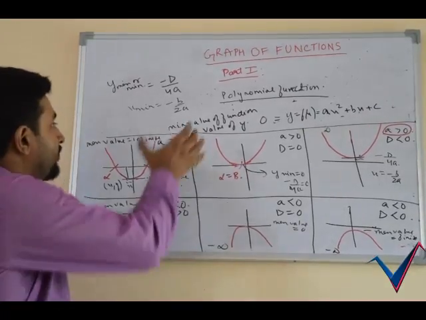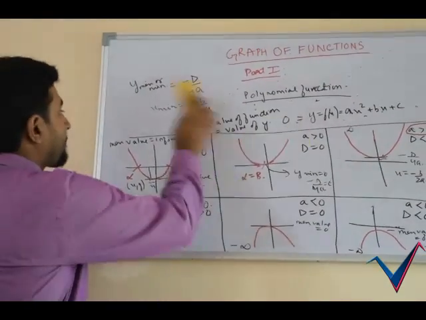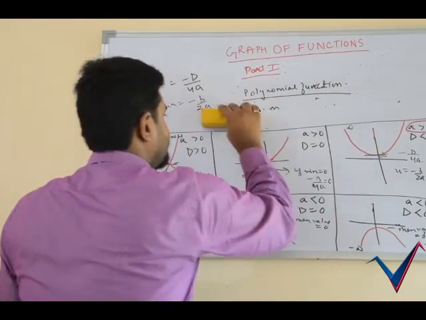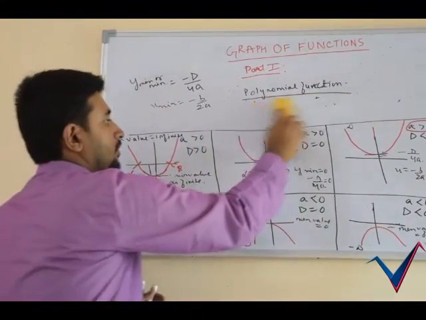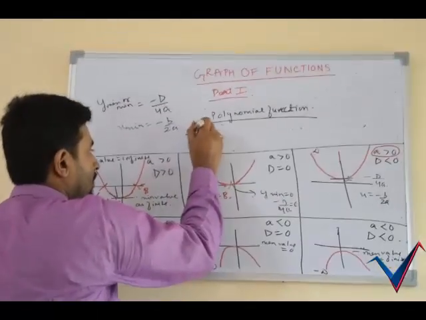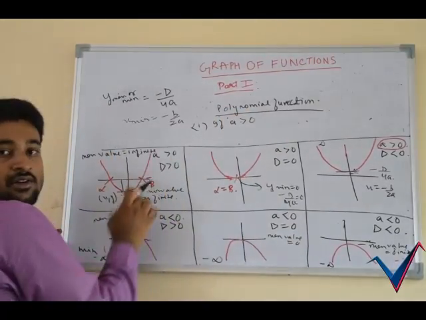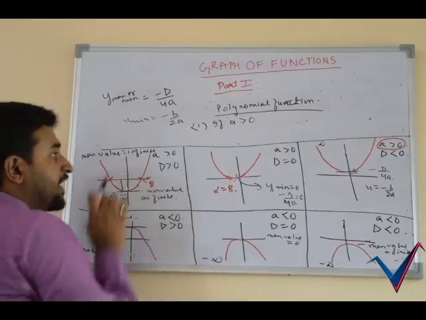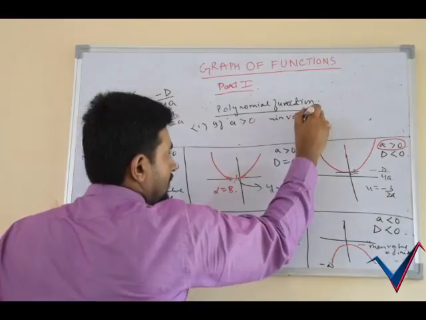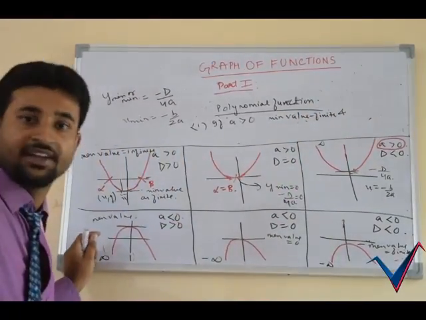So we can write two statements for that. The first one: if a is greater than 0, then the minimum value is finite and the maximum value is infinite.